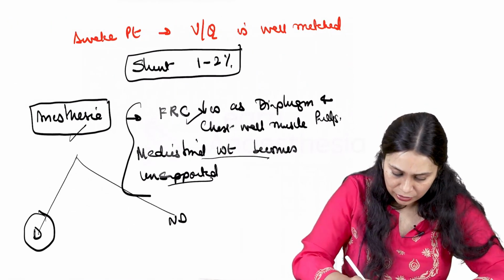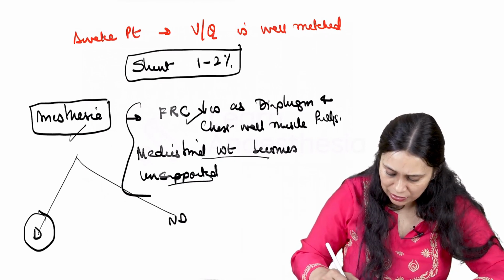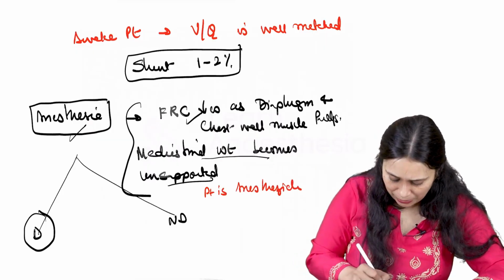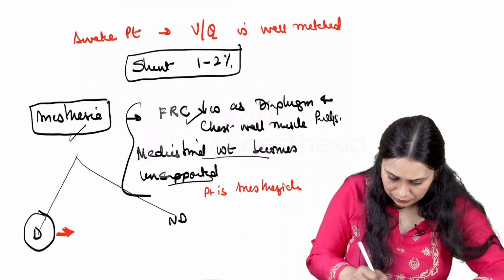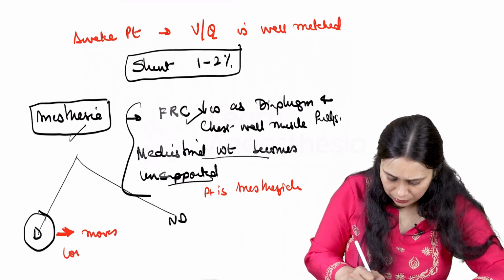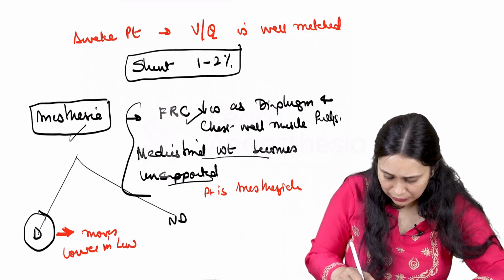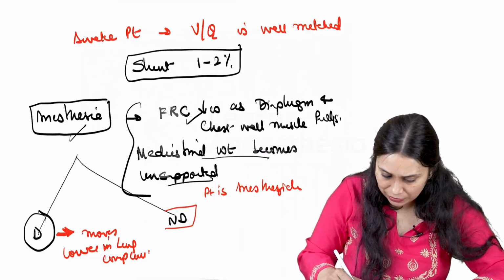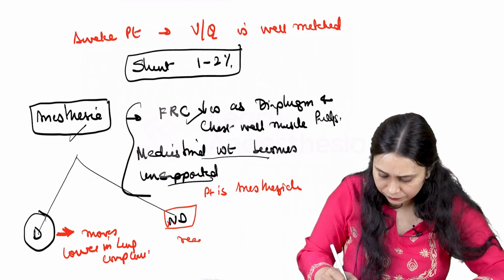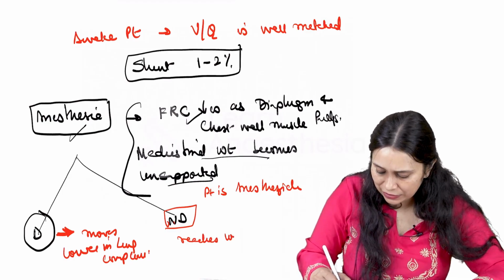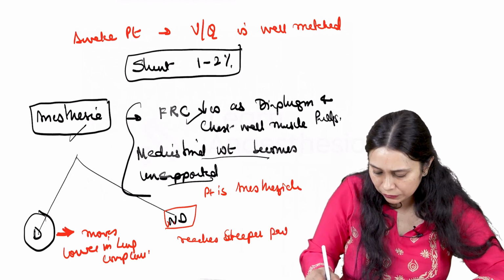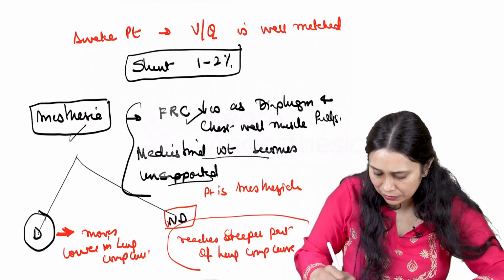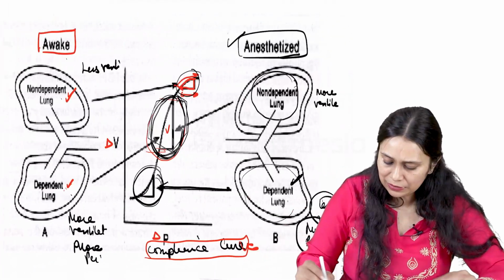What I am trying to explain to you is that when the patient is anesthetized, the dependent part of the lung moves lower on the lung compliance curve, and the non-dependent part of the lung reaches the steeper part of the lung compliance curve, which is the better part, but the perfusion is the same.